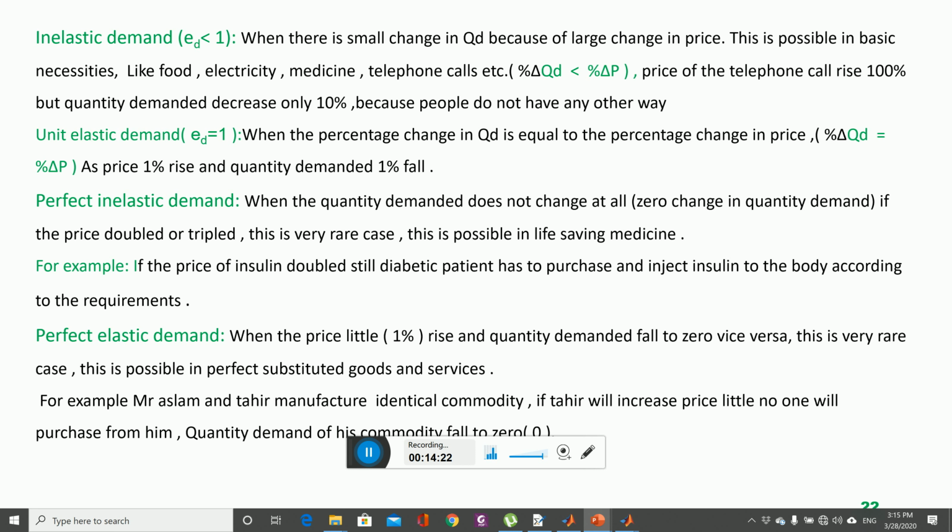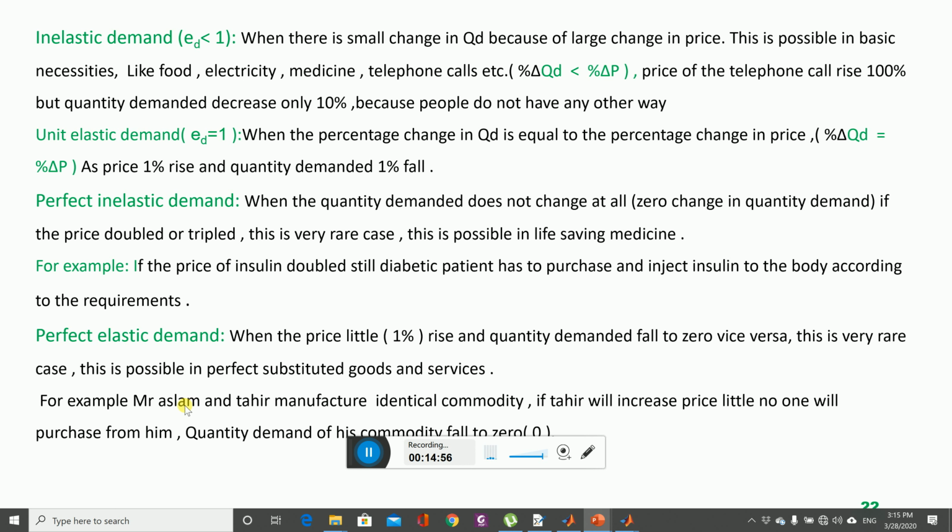If one company increases the price by 1%, it will lose 100% of its customers. No one will purchase from that company because people know the price of this commodity in the other company. So when the price rises 1% and quantity demanded falls to 0, or when the price decreases 1% and quantity demanded increases by 100%, this is a very rare case. This is possible in perfectly substitutable goods and services.